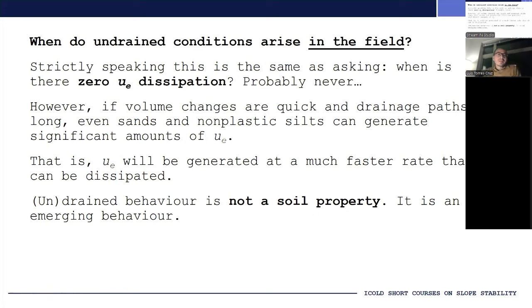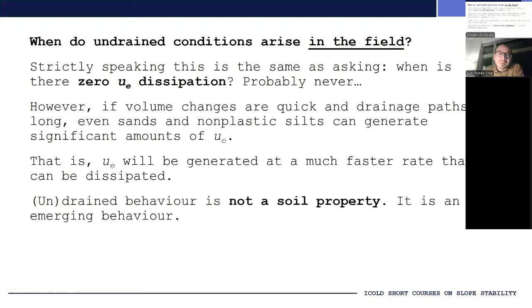So we've looked at the case of undrained conditions in the lab. So let us now consider, when do undrained conditions arise in the field? Strictly speaking, this would be the same as asking, when is there no dissipation whatsoever of the excess pore water pressure in the field?